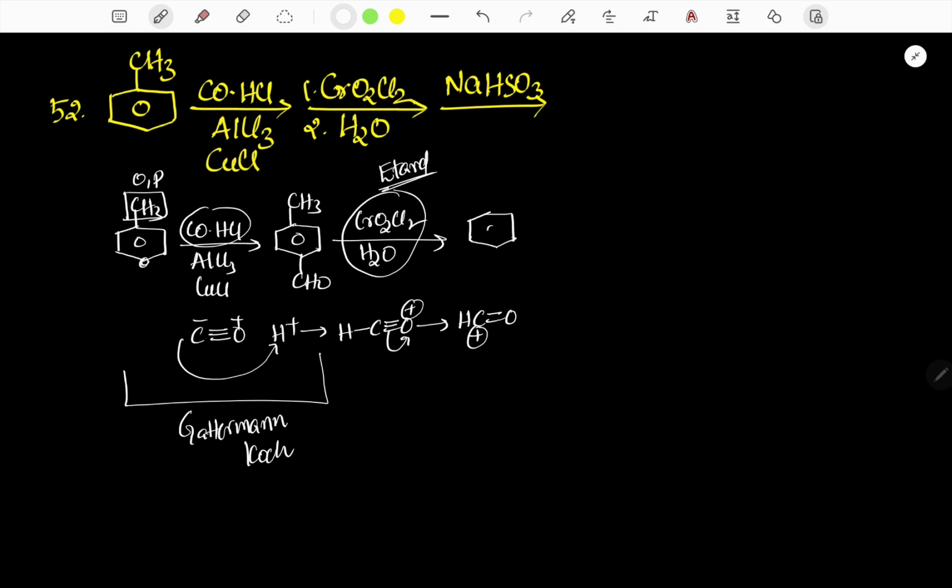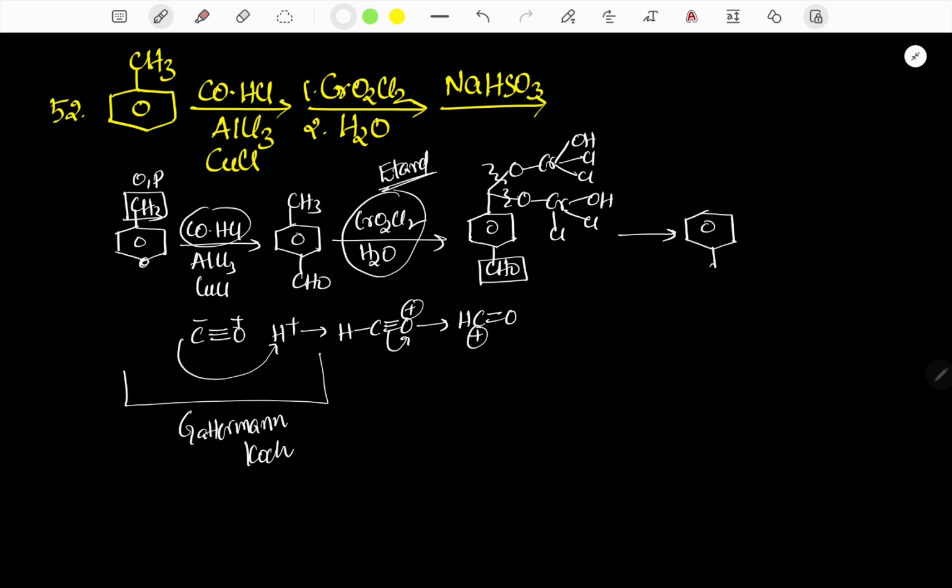In the Etard reaction, the aldehyde group won't participate, but the CH3 group of toluene participates, and initially it forms a chromium complex. Now this chromium complex undergoes hydrolysis, and it forms the corresponding hydrate.